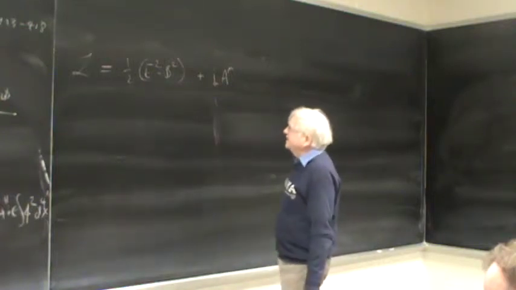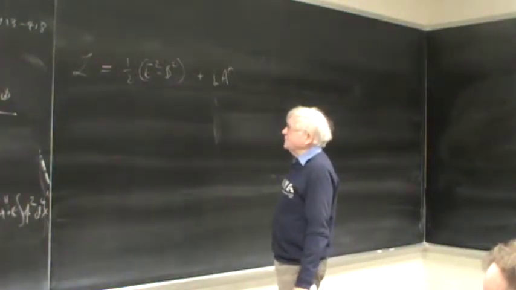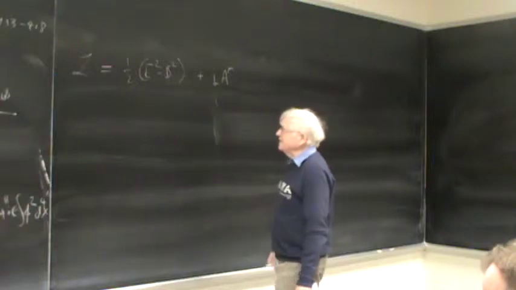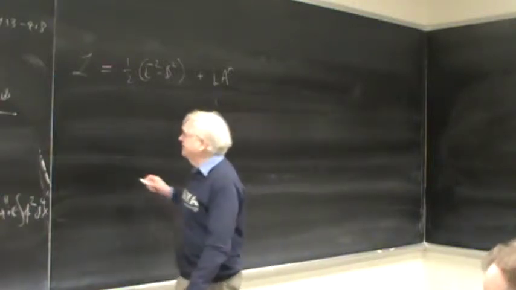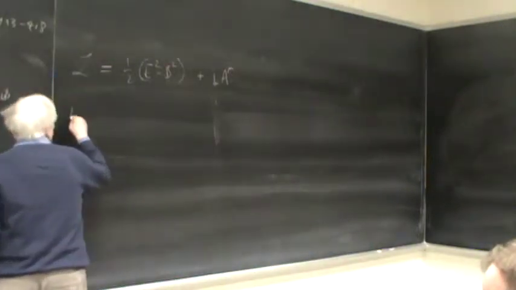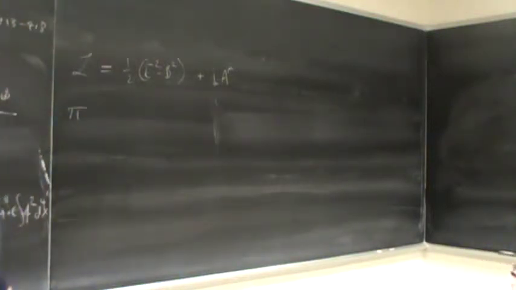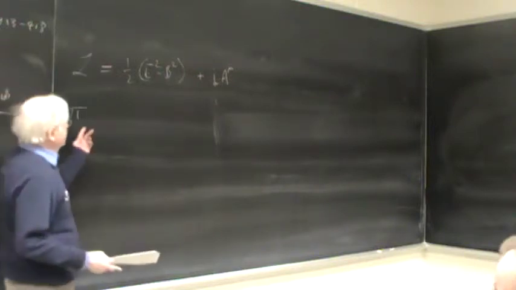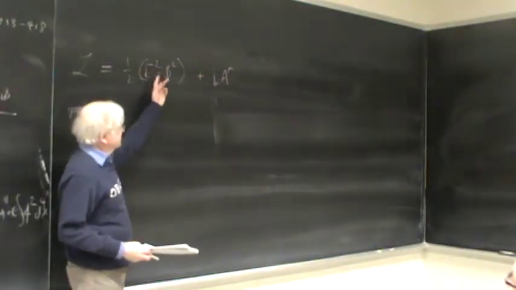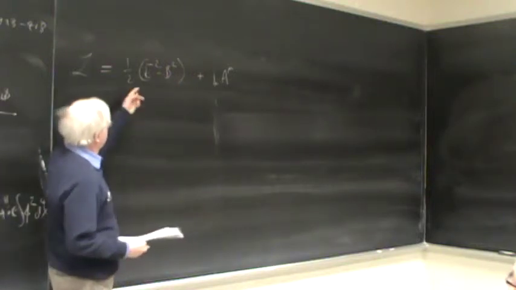And now what you see here, first of all, what's the constraint? Well, you first want to find your canonical momentum, or momenta, conjugate to each of these fields.